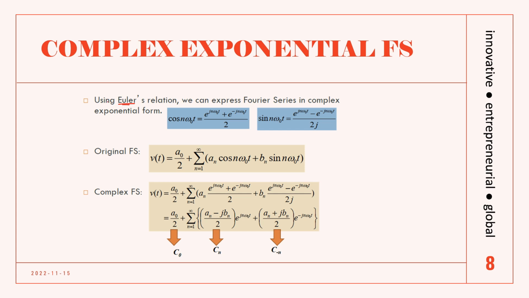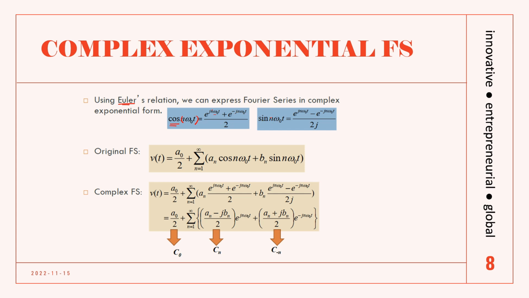In this part 2, we are still using Euler's theorem. From Euler's theorem, we know that cos of the bracket is equal to exponential j omega, everything inside the brackets, plus exponential negative of everything inside the brackets, over 2.